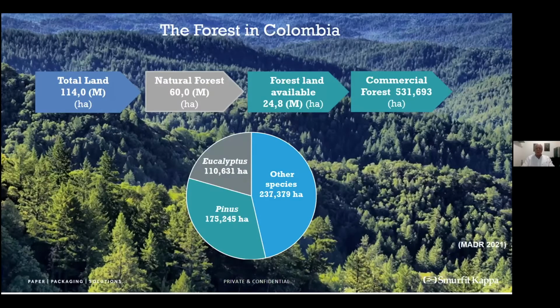Colombia covers an area of 114 million hectares. Of this area, natural forests cover an estimated 60 million hectares, and approximately 24.8 million is considered forestry land suitable for commercial plantation.